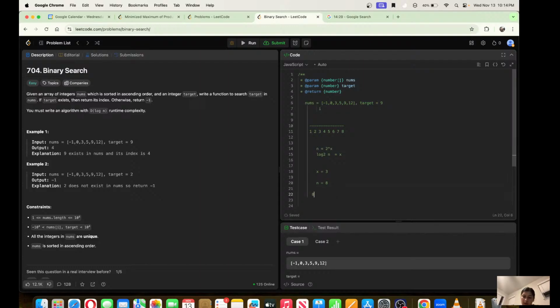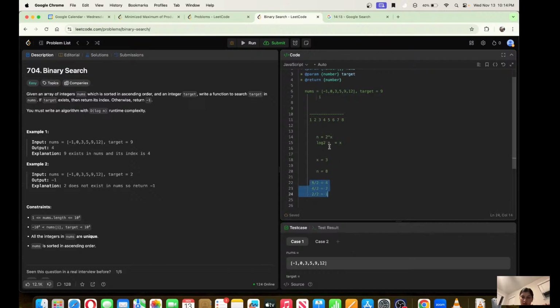So it means 8 divided by 2 is 4, and 4 divided by 2 is 2, and 2 divided by 2 is 1, right? So it is 3 times.